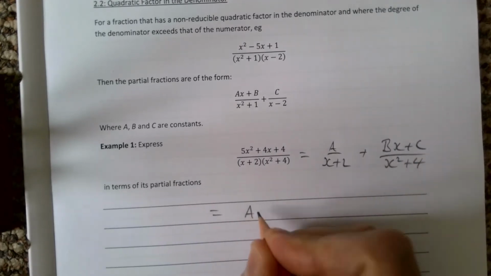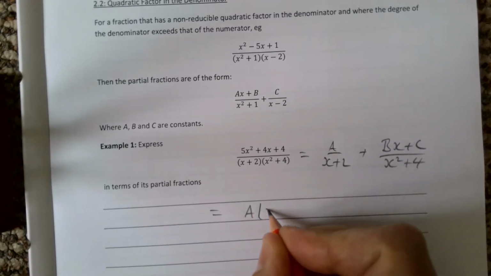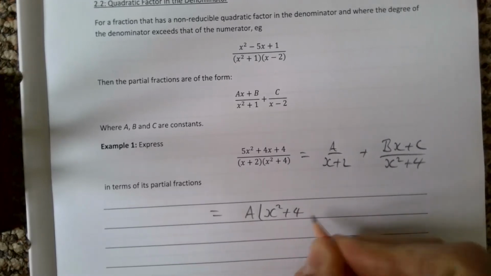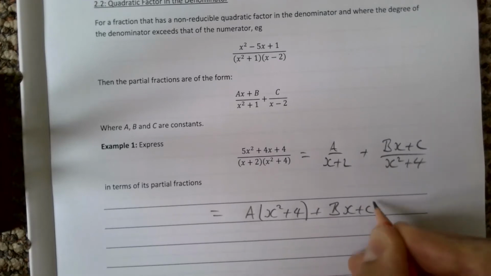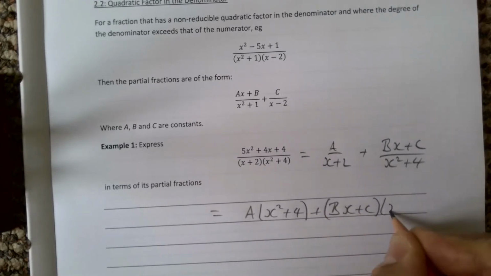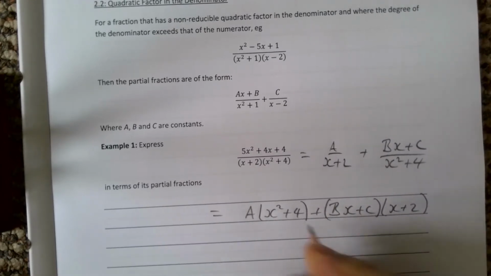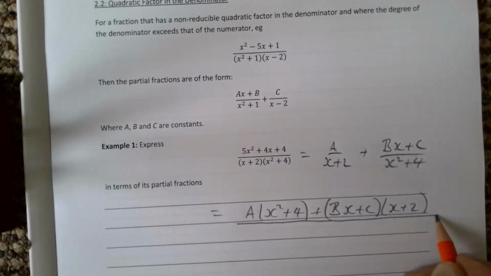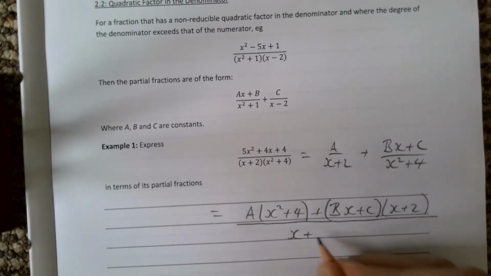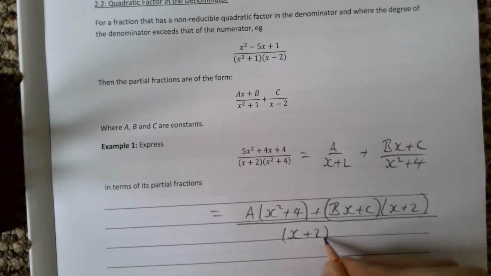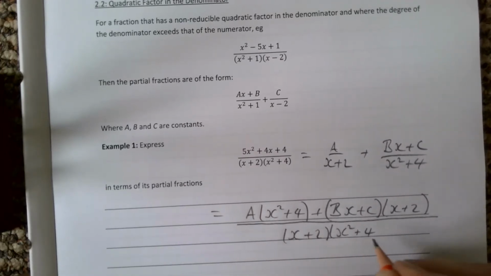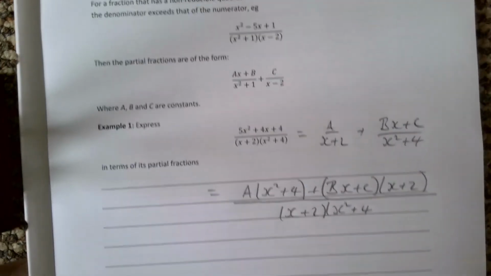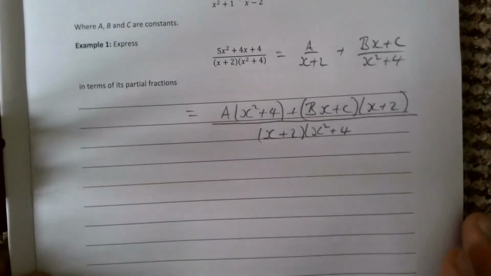So we'll do a couple of lines here. We're going to have A(x squared plus 4) plus (Bx plus C), which I'm going to need to put in a bracket because I'm multiplying that by (x plus 2), and that all over (x plus 2)(x squared plus 4). That means we can equate our two top lines.